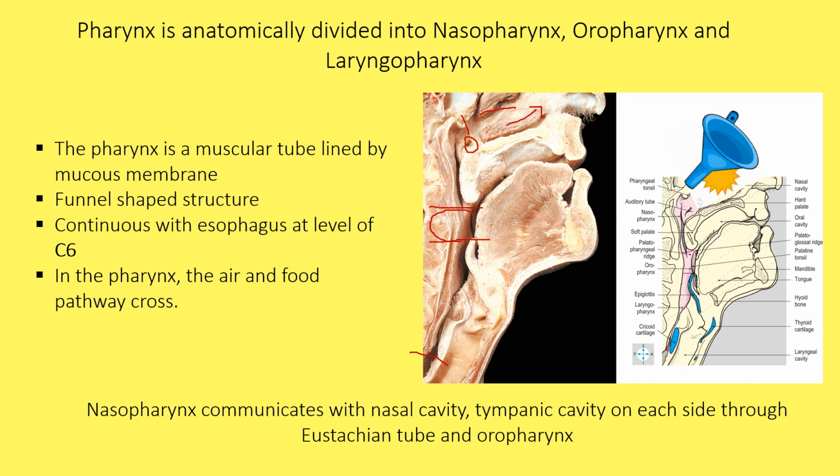This is the opening of the eustachian tube in the nasopharynx, and it ends at the lower part of the soft palate. The oropharynx starts from the lower part of the soft palate down to the upper part of the epiglottis. And this area here is defined as the laryngopharynx, which ends at the lower part of the cricoid cartilage.